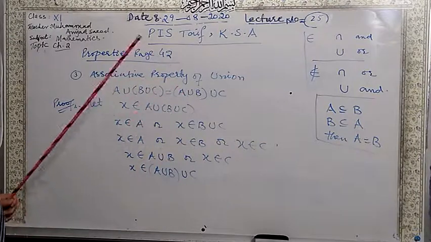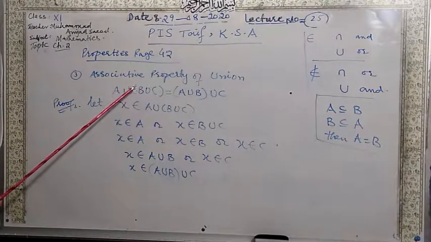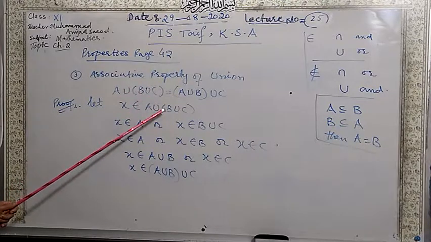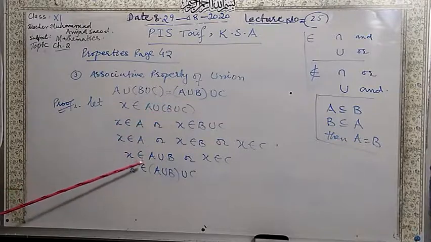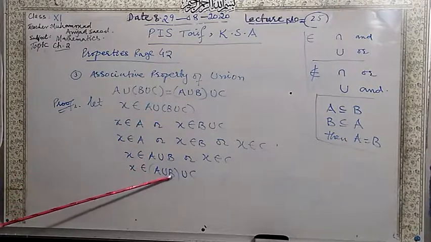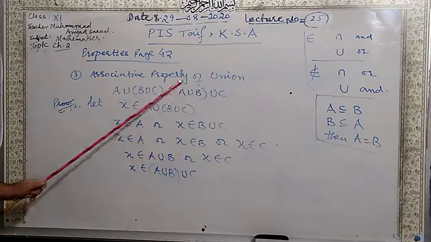So, dear students, you can check. You have taken this X in the left hand side, and after solving that, you have seen the same X came in the right hand side. Same X will become part of your right hand side.